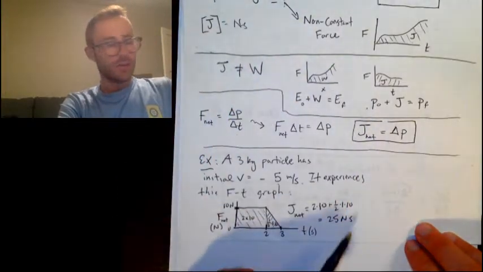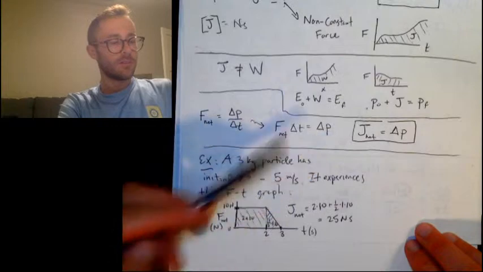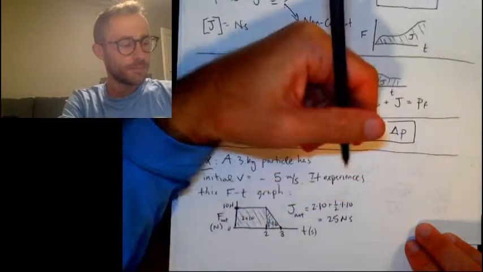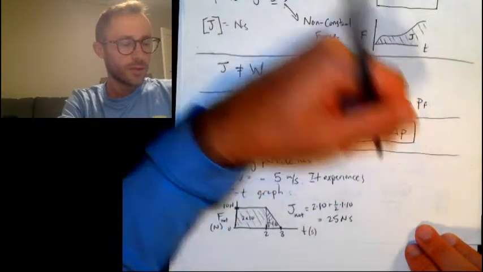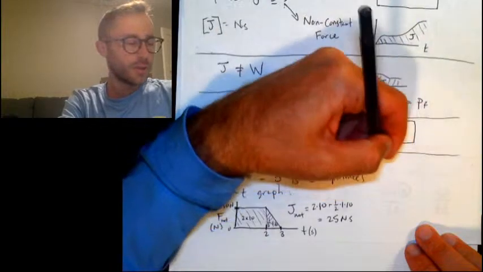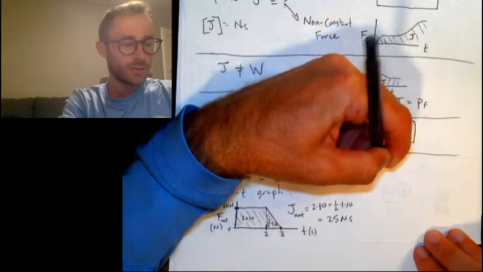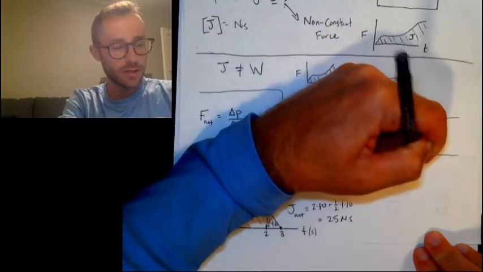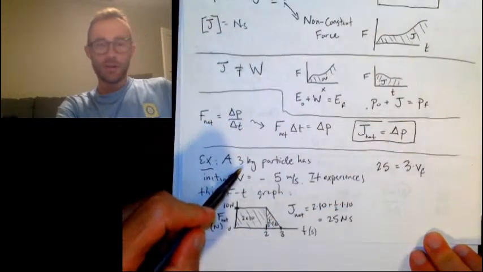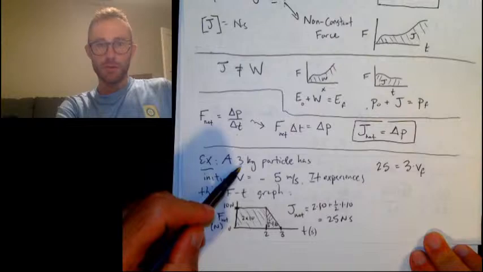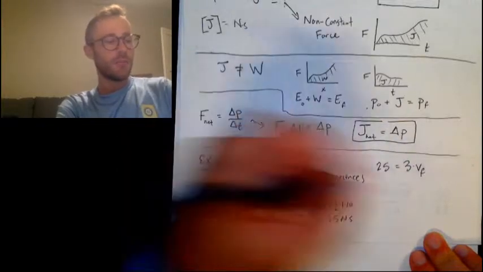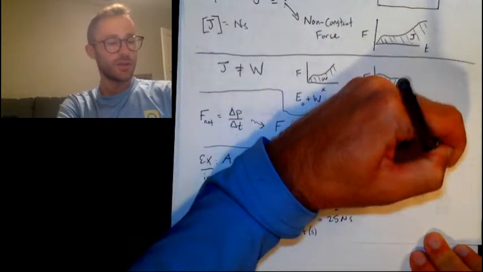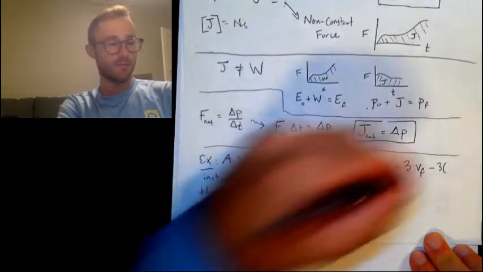We can use that to figure out the final velocity of the particle. The impulse is equal to the change in momentum. So we have 25 equals final momentum, which will be 3 times v final, remember, it's a 3 kilogram particle, so m v final, minus the initial momentum, which is 3 times the velocity of -5.